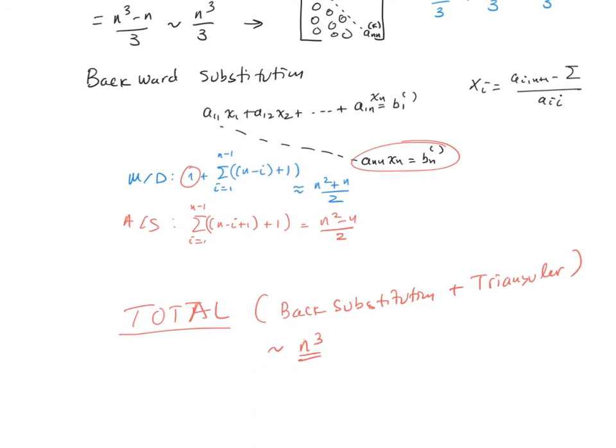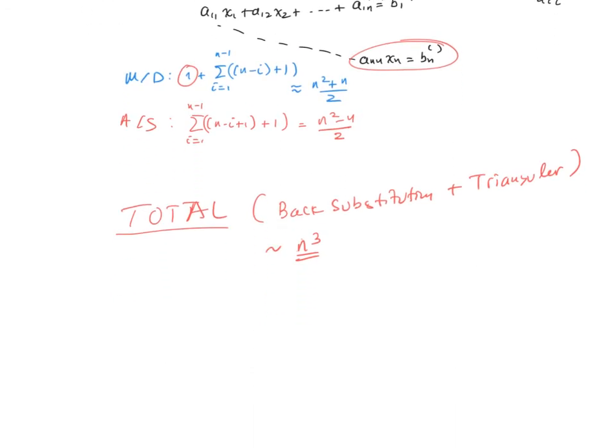Now the actual total number at the end is this. For the multiplications and divisions, once you add the back substitution to the previous one, and again you should check this, the total is going to be n cubed over 3 plus n squared minus n over 3.